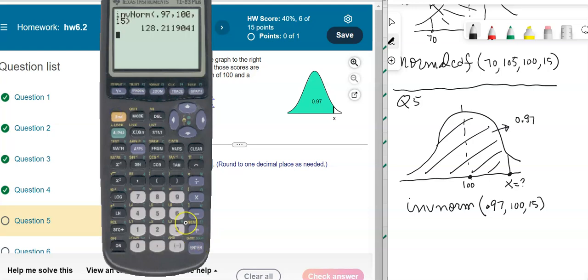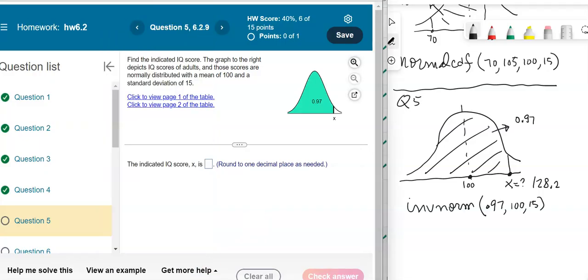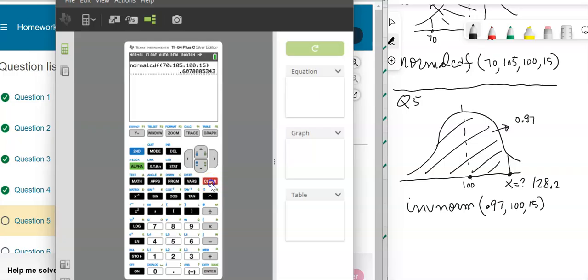Then this number is 128, rounded to 1 decimal, 0.2. Or if you use the TI-84, same thing: second bars, go to inverse norm, and in that order, area is 0.97, mu is 100, sigma is 15.